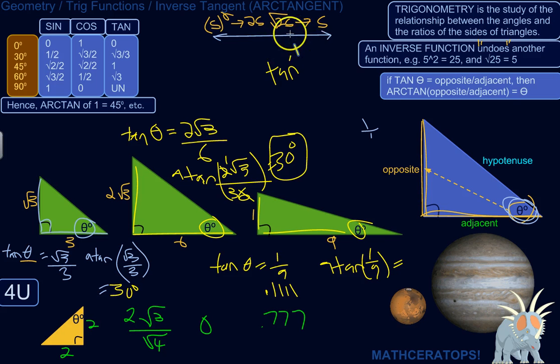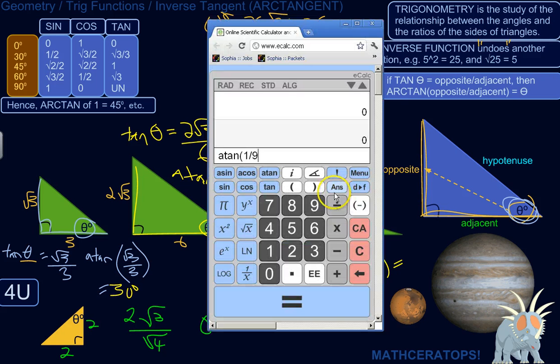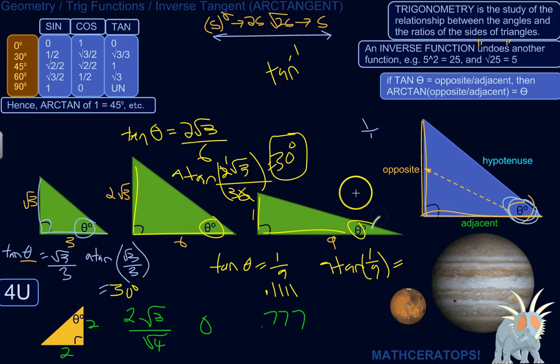It's inverse tangent. So look for that. I'm going to put my calculator in degrees mode so it gives me the angle in degrees, not radians. So that angle is about a 6.3 degree angle. It's kind of a tiny angle.